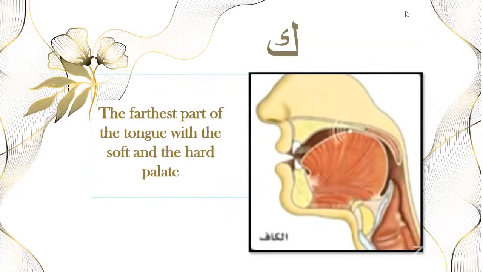Now let's say the letter kaf. So we talked about the qaf. So we understood where the 8th teeth is. Now you feel the hard part. Maybe you can touch with your finger itself where the hard palate and soft palate are, where the junction is. You touch there and feel the number of teeth.